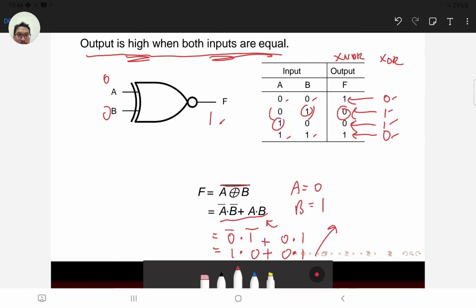Let's continue up here. So 1 dot 0 is 0, plus 0 is equal to 0. So we prove through there that the function of XNOR can be represented by this Boolean equation.